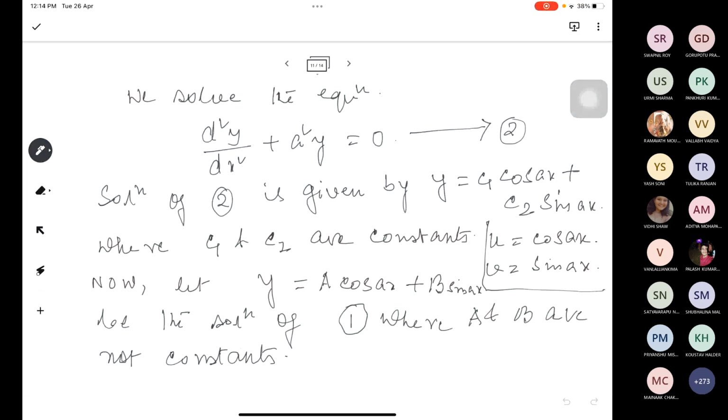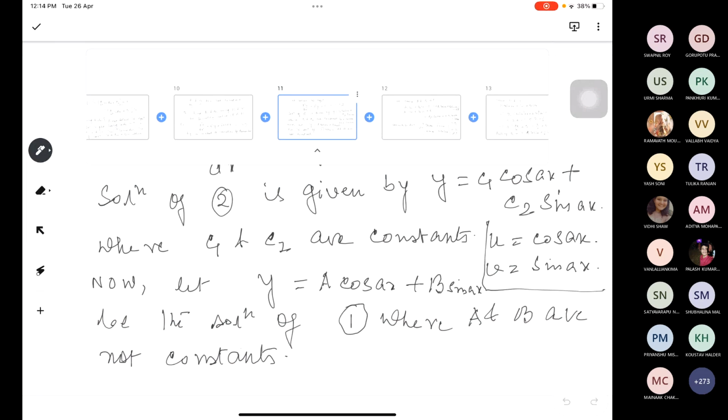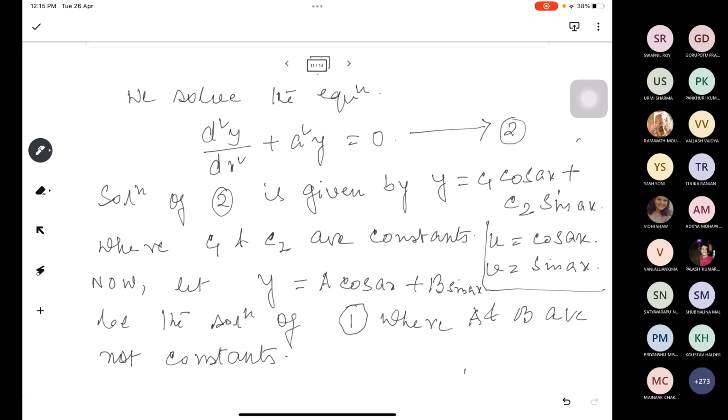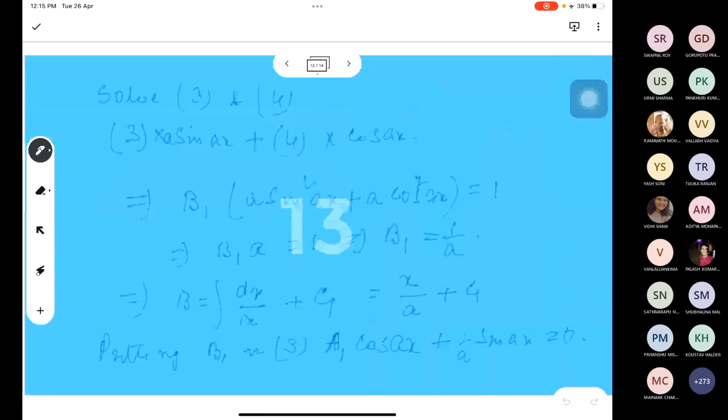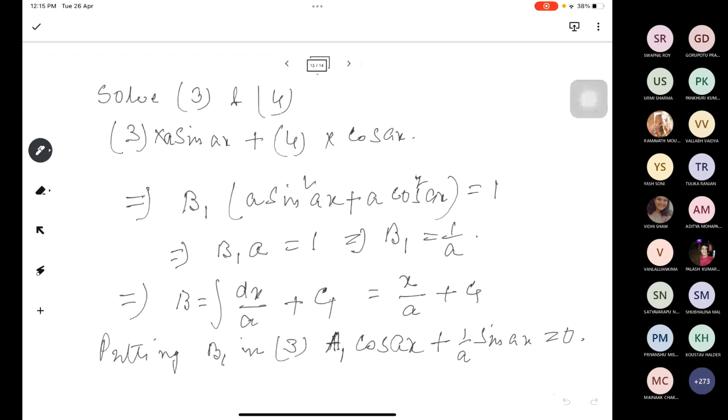So this is the complementary function and the particular integral. In some cases, it may be difficult to find, so you can apply the method of variation of parameters in those cases.